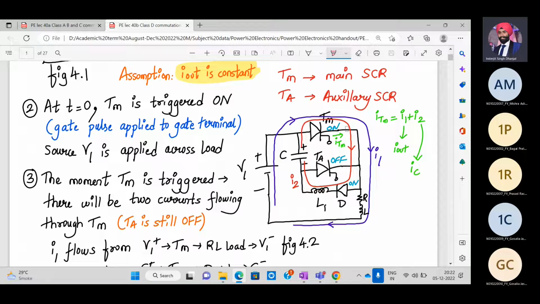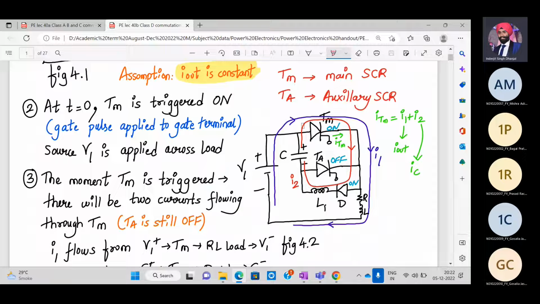When TM is triggered on, the current will flow through TM, the diode, which is also turned on because it's forward biased, L, and the capacitor. How is TM triggered on? By applying the gate pulse to its gate terminal. Now what happens?